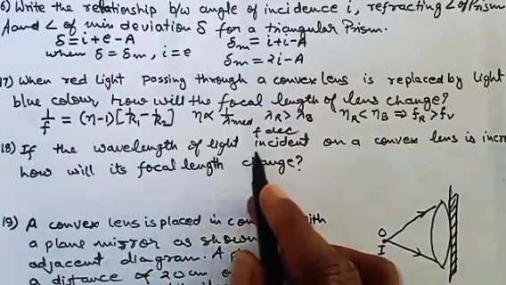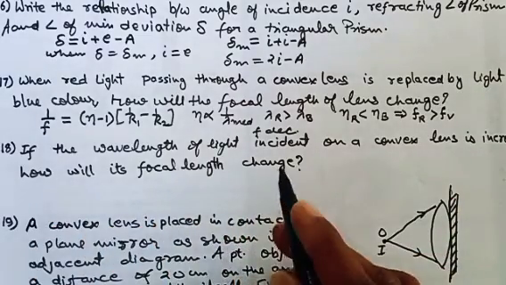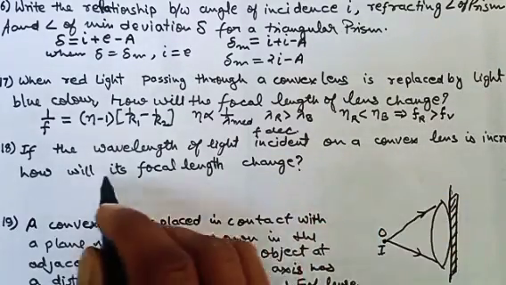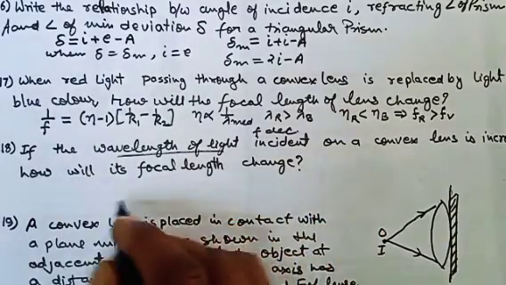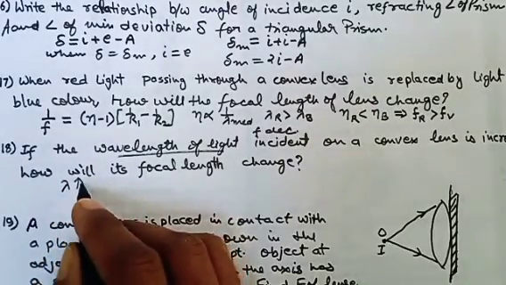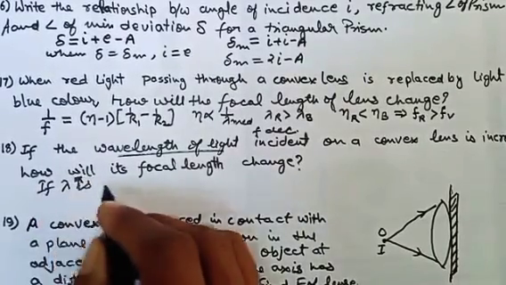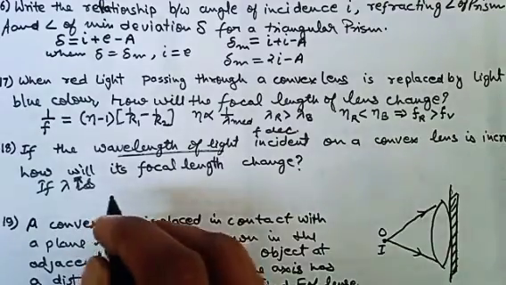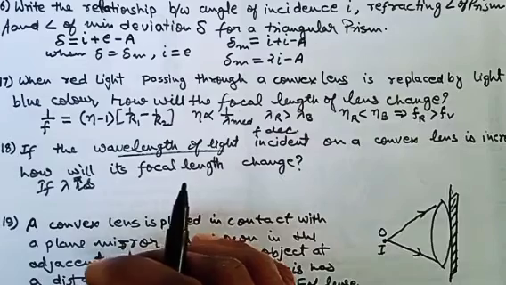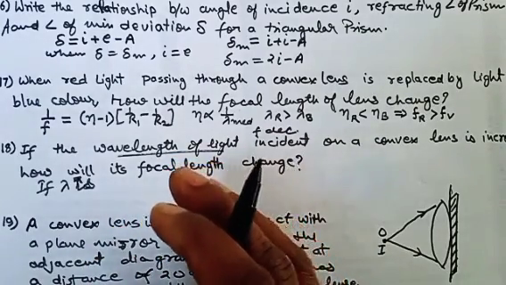If the wavelength of light incident on a convex lens is increased, how will the focal length change? A similar question is there. Now wavelength is increased. So we can say if lambda is increased, I can't use those symbols again and again. Because in this collection, I try to explain to you what answer you could write in the exam and get full marks.